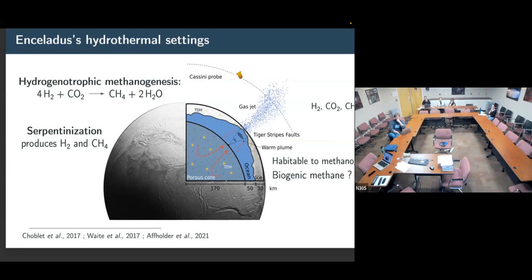So not only does it have a subsurface ocean, but it is also likely to have hydrothermal circulation, so water being heated in the core, circulating in the core and being released at the bottom of the ocean in the form of hydrothermal vents. And then that warm water is assumed to rise across the ocean all the way up to the icy shell, and be the source material of those plumes that we see in space.